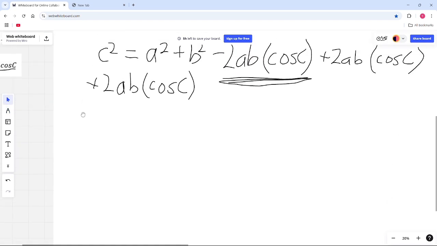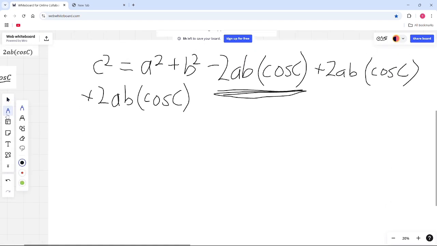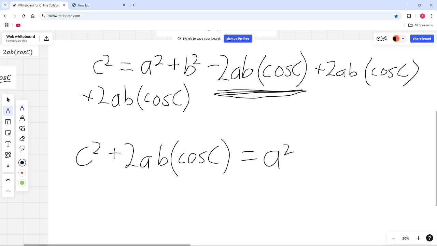Now you'll be left with side C squared plus 2AB multiplied by cos angle C is equal to side A squared plus side B squared.